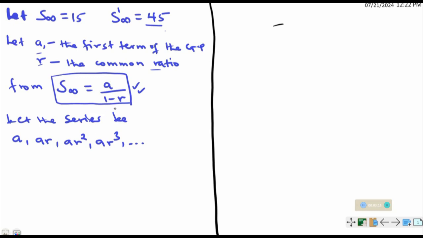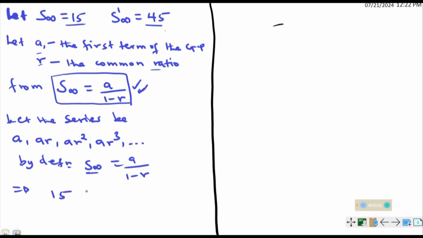Now let us look at the definition of sum to infinity, which we have put as a upon 1 minus r. So by definition of sum to infinity, which is a upon 1 minus r, it will imply that for the sum to infinity, we already have 15 here.